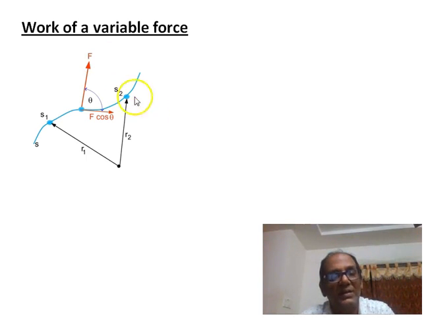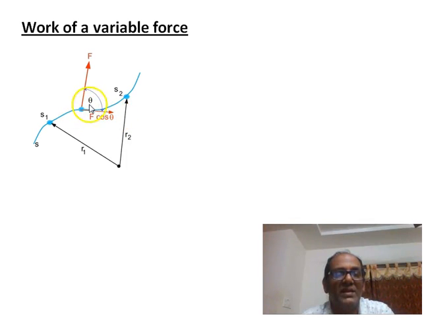Another thing that we have already observed in the prior example in the previous slide is that at a given point the dr bar, that is the displacement during a very short interval, is tangent to the graph. We have drawn this tangent and resolved the force along that tangent.